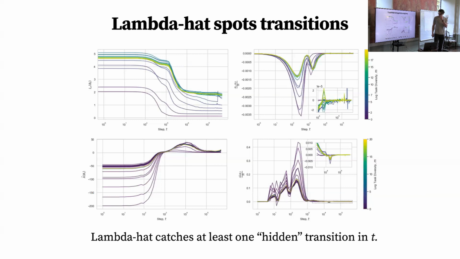If you look at the slopes, you see in this inset where we've zoomed in on this later part of training that there's this peak downwards, this spike where this transition is happening. Now, if you look at the associated place here, there is sometimes a bump in the loss. So sometimes this transition also involves the loss. But for low m, it's almost invisible from the loss, and you see it pretty much exclusively in terms of lambda hat. So, type B transition? Maybe.